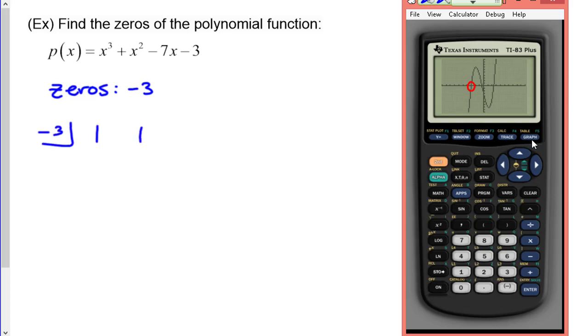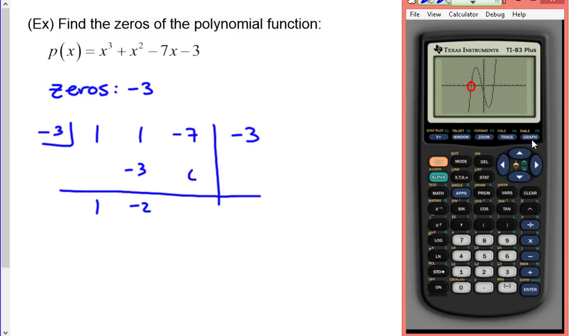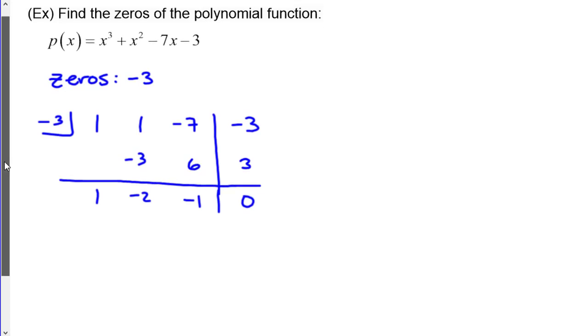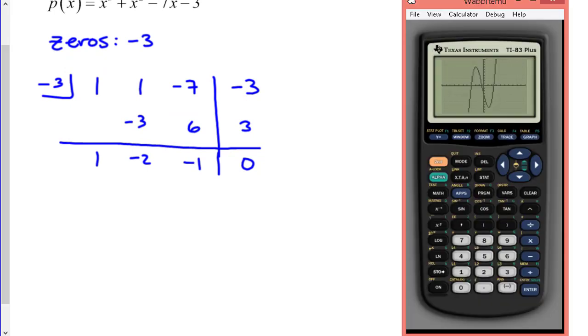So 1, 1, -7, -3. If I bring the 1 down, -3 times 1 is -3. Add that to 1, this is -2. Or -1, +3, and 0. Okay, and it is. Now, the others are non-integer based.